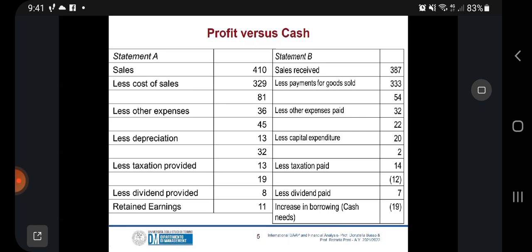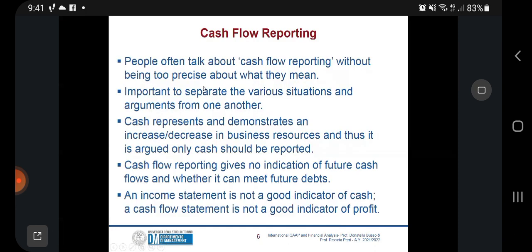Okay, what are the effects of revenue and expenditure on the cash potential of the company? So, of course, the two statements are important, but only if you use them interrelated or as a complementary tool with each other. If you use them only to argue that one is better than the other, that is not going to be very effective or informative.